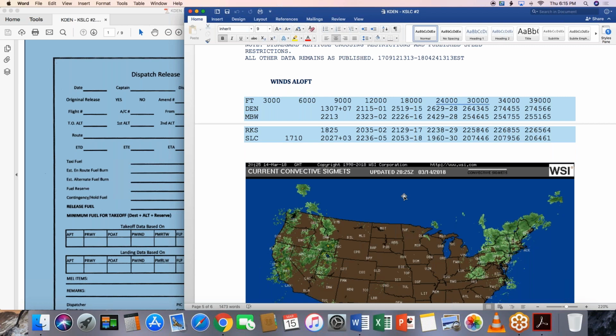The first two numbers are our direction. The second two numbers are the speed. And the third two numbers are our temperatures. And you're using Denver and Salt Lake, right? I'm using the two en route, the two cruise. I'm only calculating my winds aloft for my cruise section of flight.